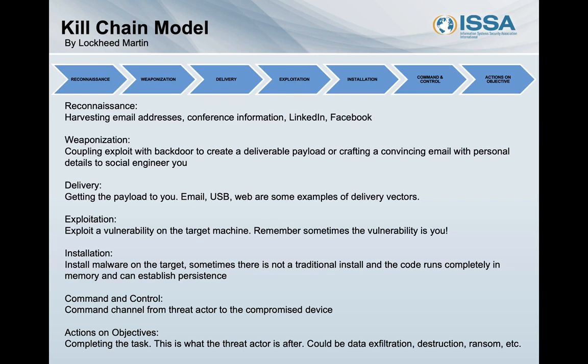He's trying to deny access to your machine. He's trying to run a Bitcoin miner on your machine. So that's the whole process, from what they do to figure out how to weaponize the malware they want to send you, through to what they want to gain, why they're doing this in the first place.